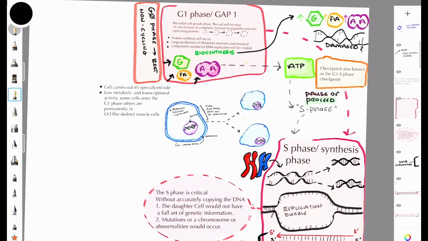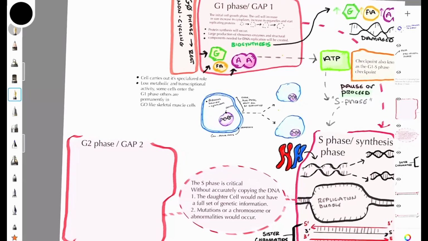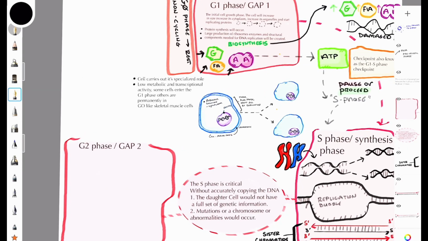And that next phase is going to be the G2 phase. Okay, and the G2 phase is a lot like the G1 phase. We're going to have more cell growth because we're getting ready to split that mother cell in half, right? So we have this mother cell, or a parent cell.